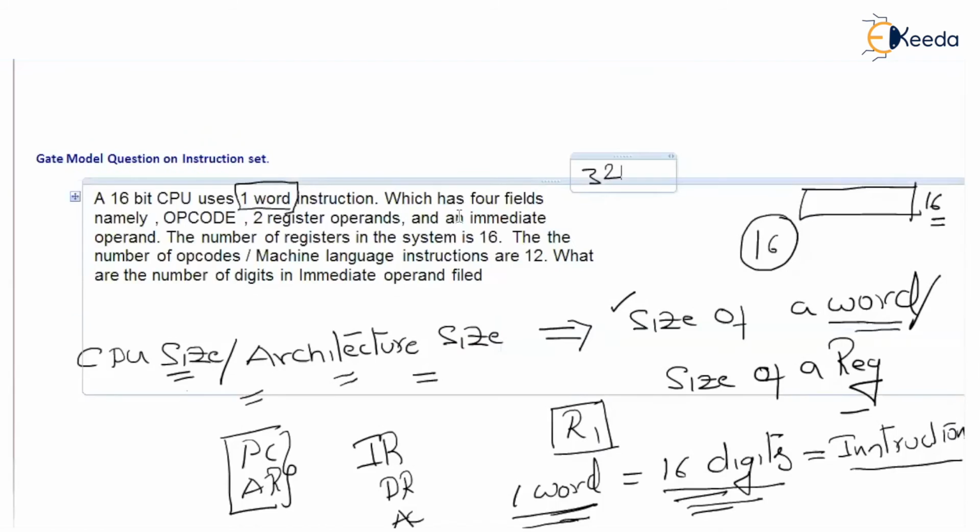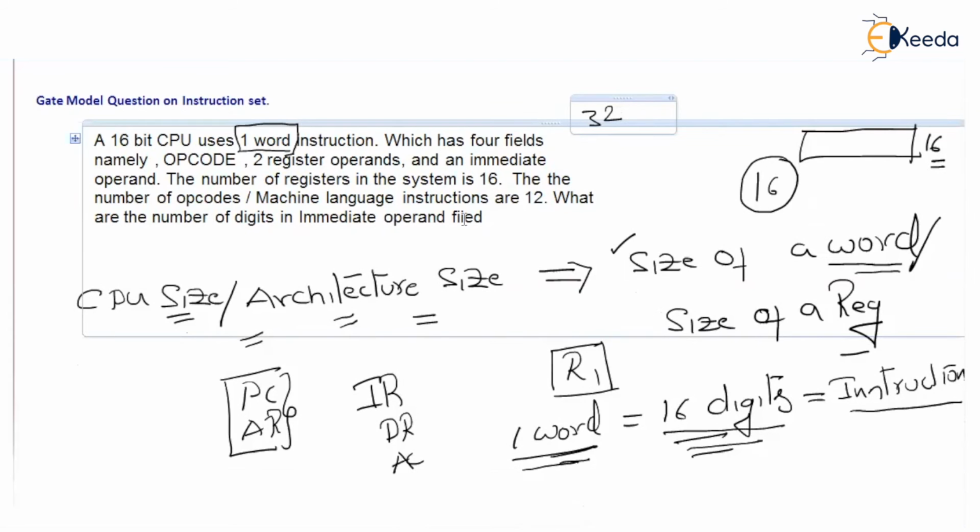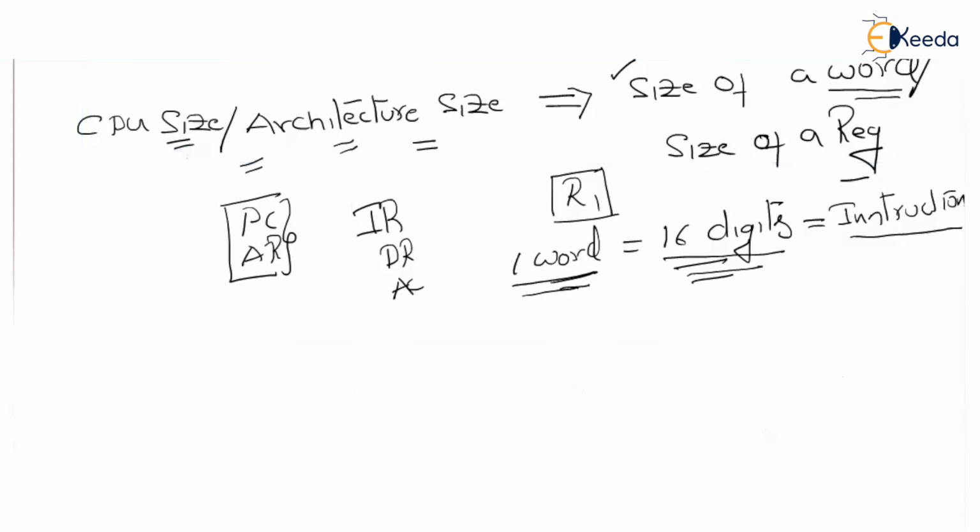Which has 4 fields. In this instruction, he has 4 fields. What are those fields? Opcode, 2 registers, and an immediate operand. So let us have a look. I will draw this simply, not to waste time. This is the instruction. The total size of the instruction is 16 bits.